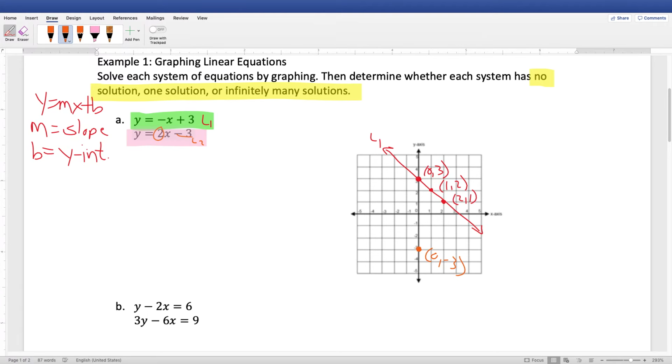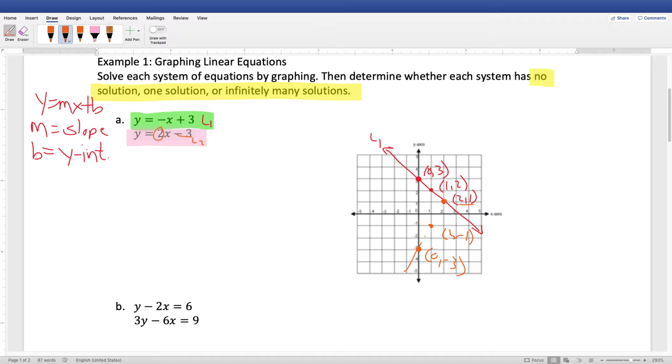Now I have a slope of 2 over 1. So I'm going to go up 2 this time because it's positive, and to the right 1. And so my second point is at (1, negative 1). Then again, we're going to go up 2 and to the right 1. And what you'll notice is we're sharing a point right here at (2, 1).